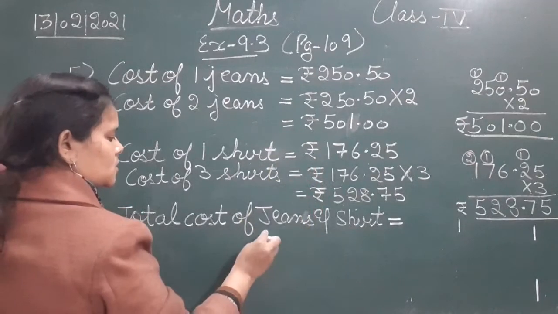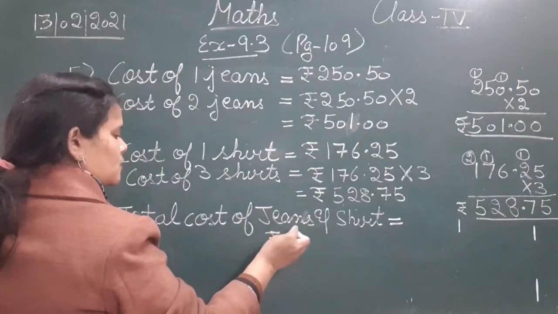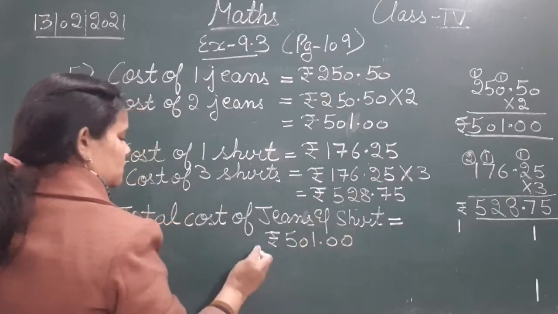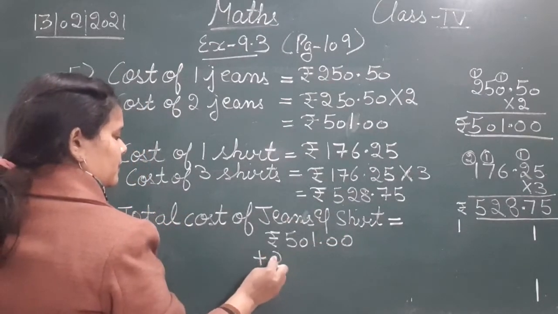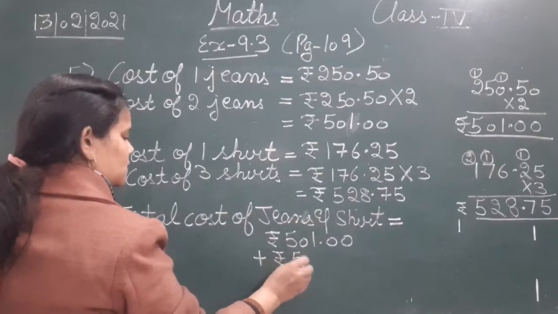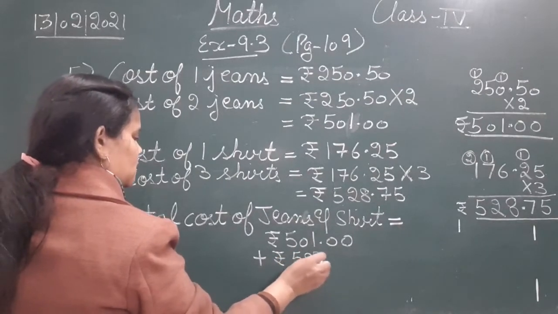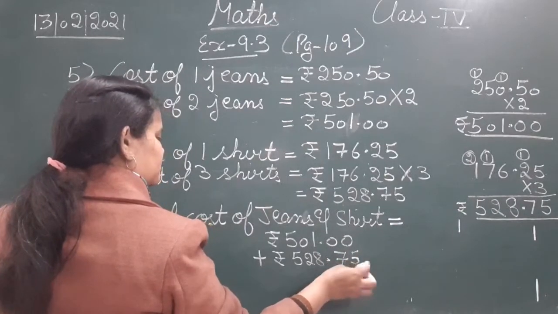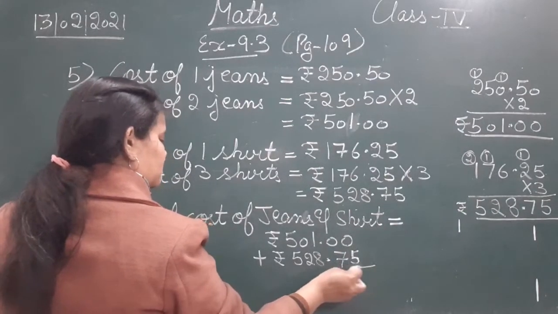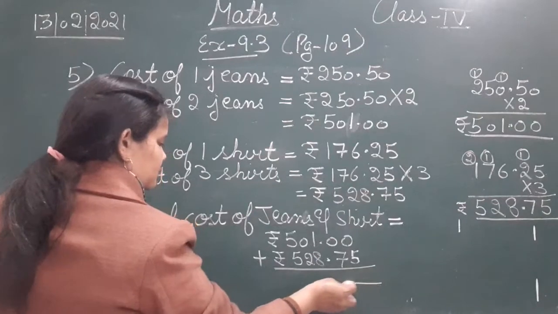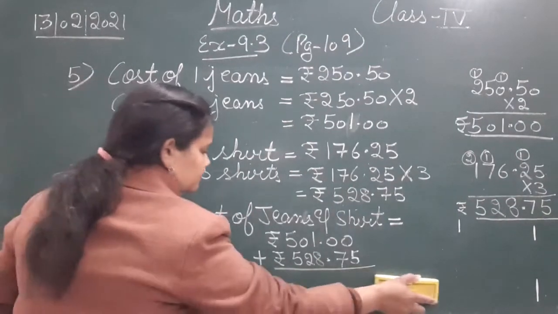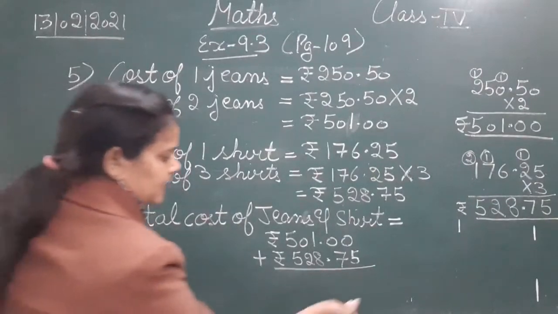So this is rupees 501 and the second is 528 rupees and 75 paise. Let's add these both.